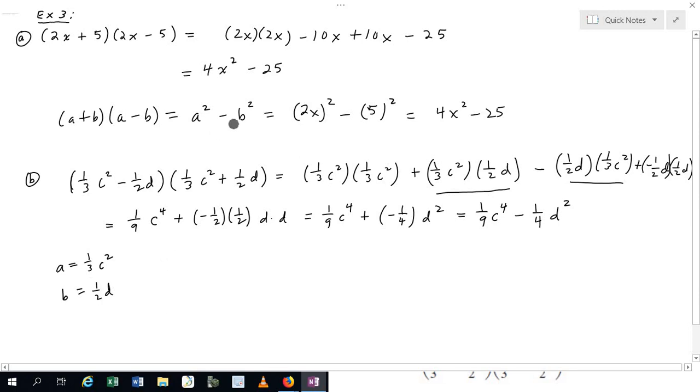Okay? And now let's just plug that into our formula. And let's see what we get. So it's a squared, well that's a, so that a squared minus b squared. And then when you square this, you can square each of these terms individually.